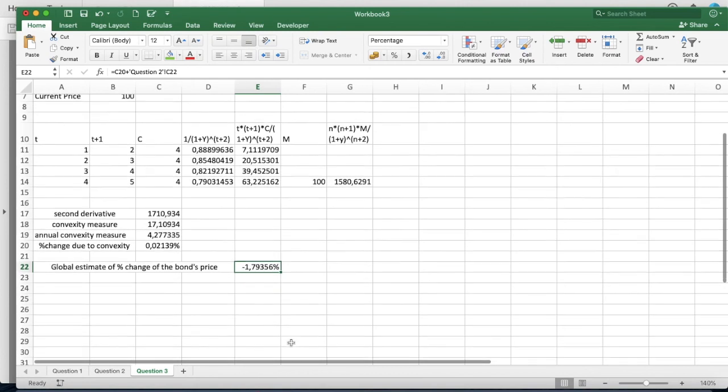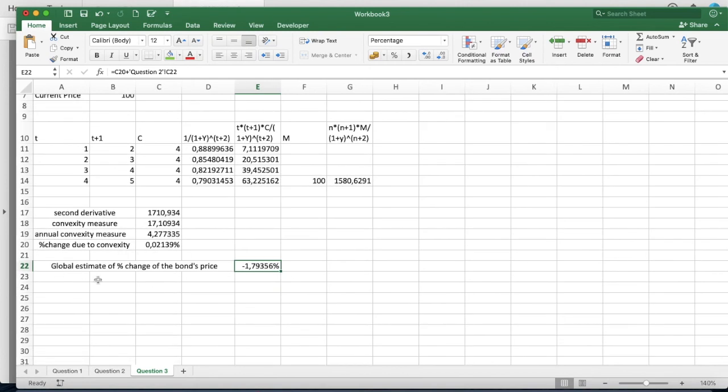So this is the estimate of the percentage change of the bond's price using both convexity and duration.